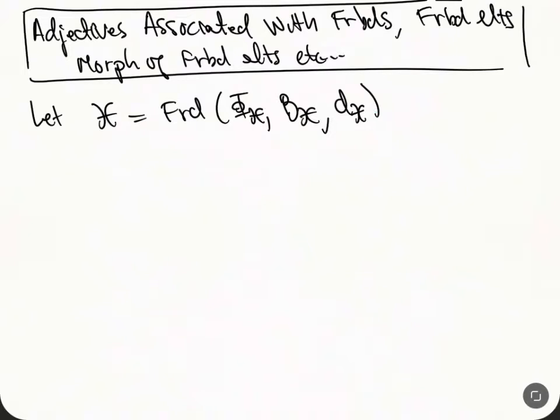Okay, and then we're going to have it sit over S, which is going to be f of phi of x. Okay, so this is the elementary Frobenioid here.